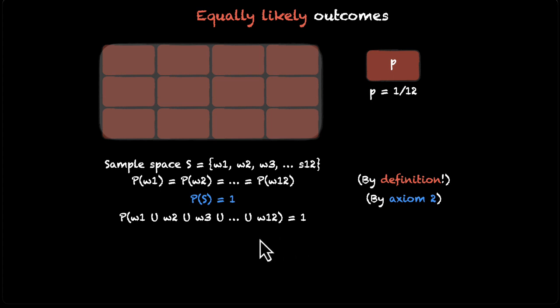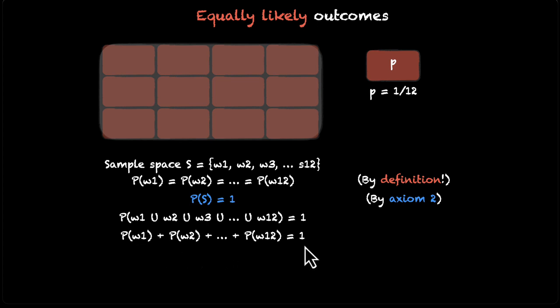And here comes the fun part. We know that all 12 of them are mutually exclusive. There is no overlap. And because they're mutually exclusive, we can use our third axiom and say that we can break this probability down as the sum of individual probabilities. We can say that this is equal to the sum of each probability. Probability of W1, probability of W2 and so on.